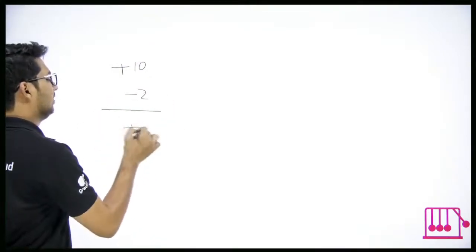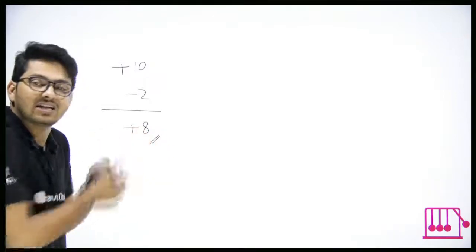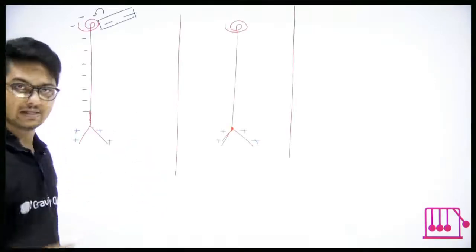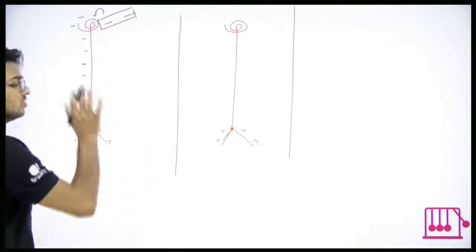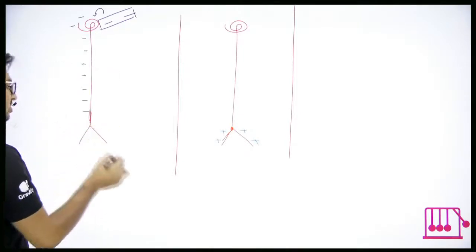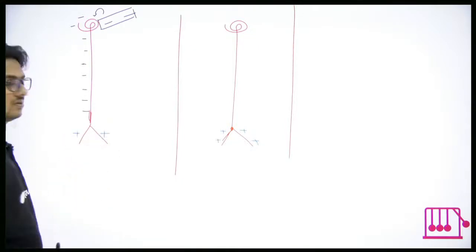Plus 10 minus 2, it becomes plus 8. That means the total positive charge is decreasing. So when the negative charges flow into it, it will still be positive, but these positive charges will decrease.